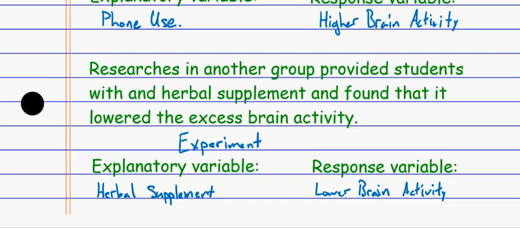Okay. And in this one, depending on how well our study was conducted, and if we did all the right things, we might be able to say there's a cause and effect here, that the herbal supplement helps lower your brain activity and might lead to a better night's sleep. Okay.